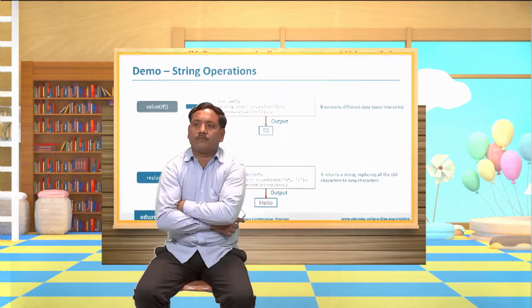You could replace something within the string, if you want to replace a particular character within the string, which could be done with the replace method. Replace is a method within String which takes 2 parameters.